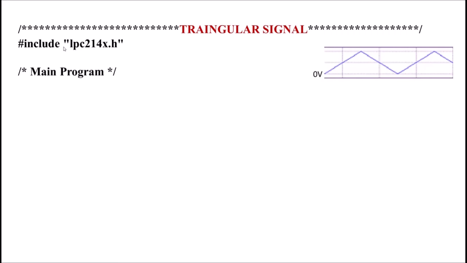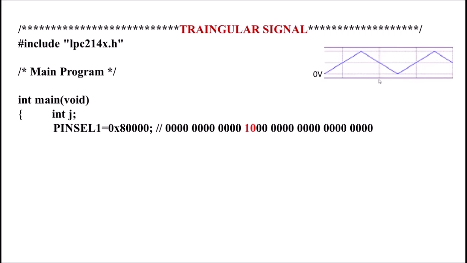So return 0, that completes the program for the ramp. While(1) we have used, so continuously it will generate the same signal. Now try to write a program for triangular signal generation. The same logic we used for ramp signal generation, the same we will use for this increasing signal. And when the signal reaches the value 3FFH, we'll start decrementing it by 1 until it reaches 0 volt, and we'll repeat this cycle continuously.